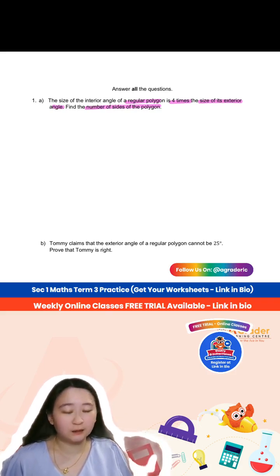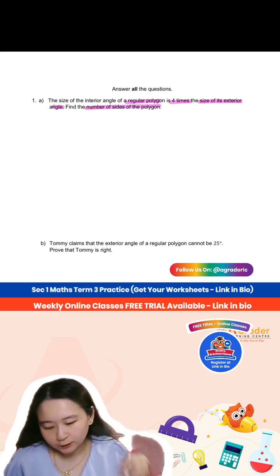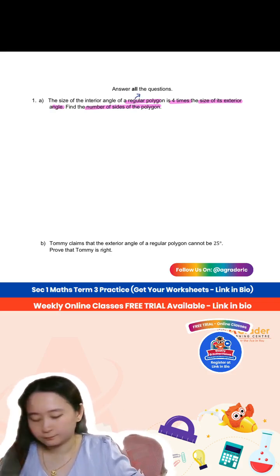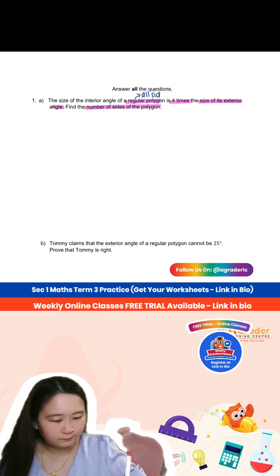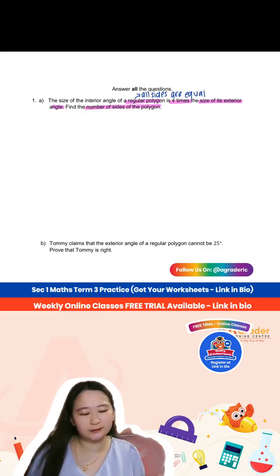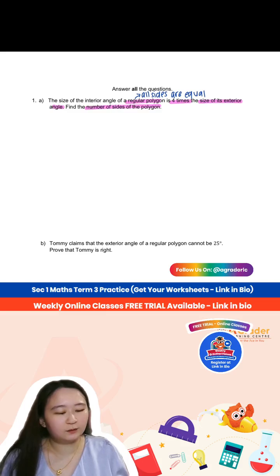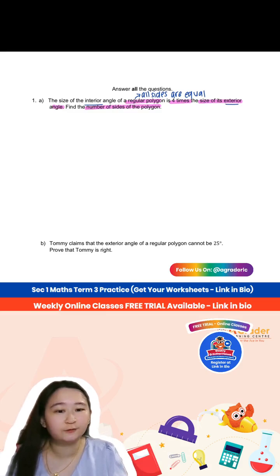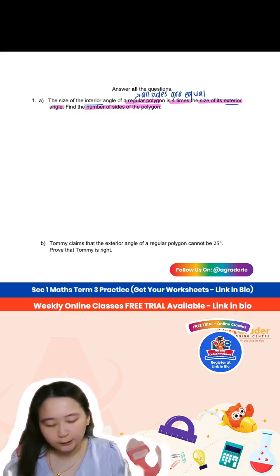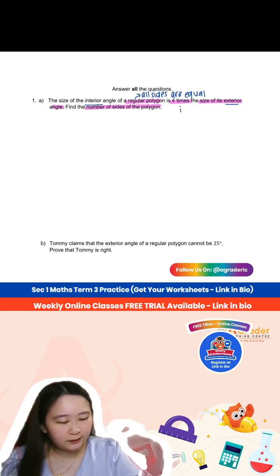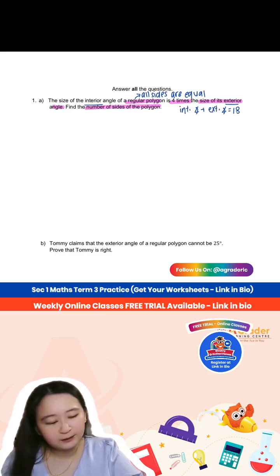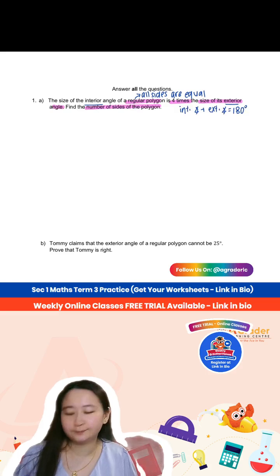So regular polygon means all sides are equal, so when all sides are equal, all angles are equal. Okay, so we have interior angle and exterior angle. So which formula can we apply here? It will be interior angle plus exterior angle will give us 180 degrees.